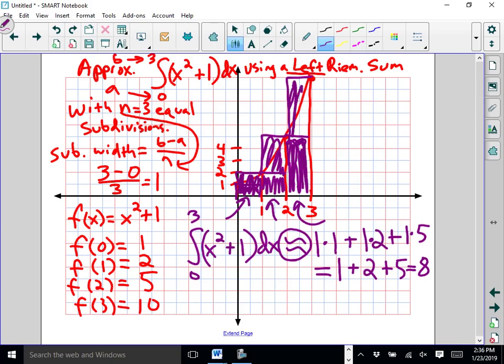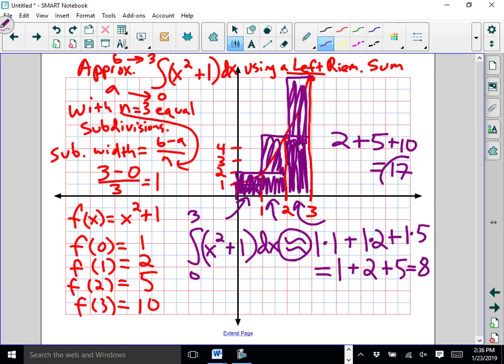Okay? Now just quickly seeing what that answer would be, this is an area of 2. This is an area of 5. And this is an area of 10. When I add those up, I get 17. So if I would have asked for a right Riemann sum with the same number of subdivisions, I would get 17. But that's too big, right?